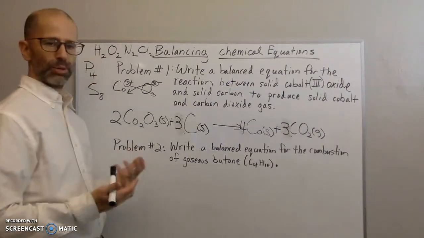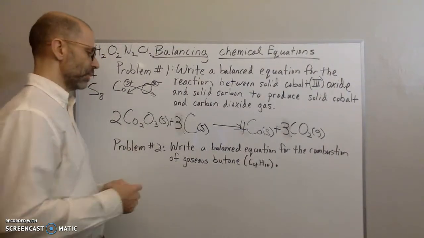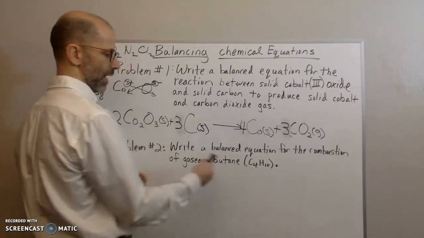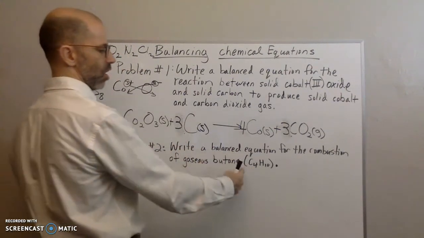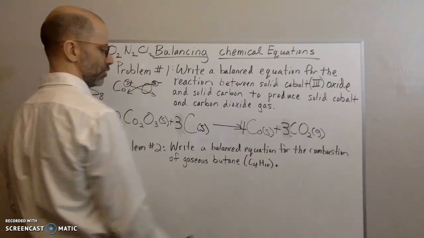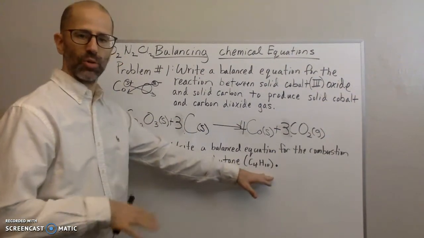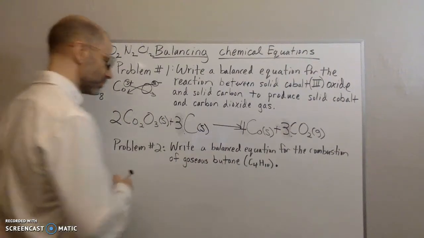So you might be able to figure it out from there. That means that all the carbons are bonded together in a chain, and then all the other bonds are going to be hydrogen. But they gave you the formula, so you don't need to worry about that.